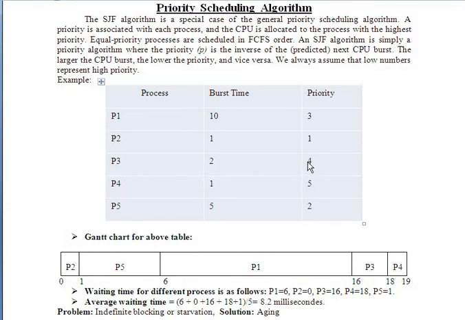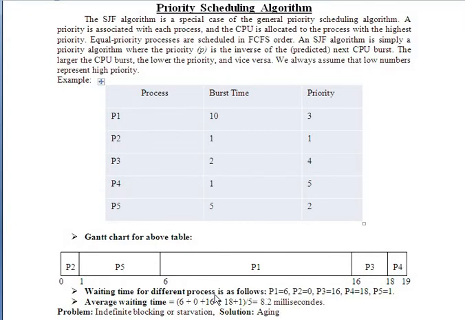We have to give the CPU to process 3 because its priority, 4, is higher than process 4. So P3 has been allocated the CPU, and last, process 4, of lowest priority in this problem, is given a chance to execute. So this is how the Gantt chart looks: P2, P5, P1, P3, P4, based on the priorities.